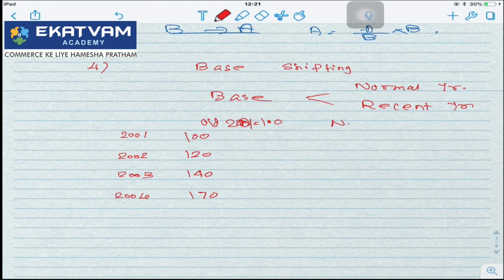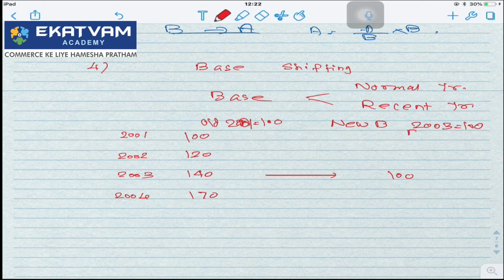I want to compute the new series. Suppose it is B. Suppose they want 2003 to be equal to 100, meaning base. What should I do? The index of the year which we want as base should become what? 100. Now once it happens, I want to compute B, so it's like splicing only.